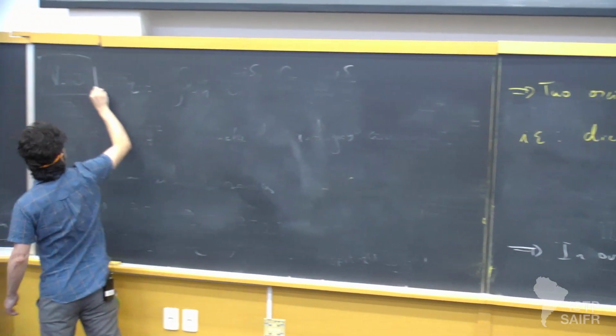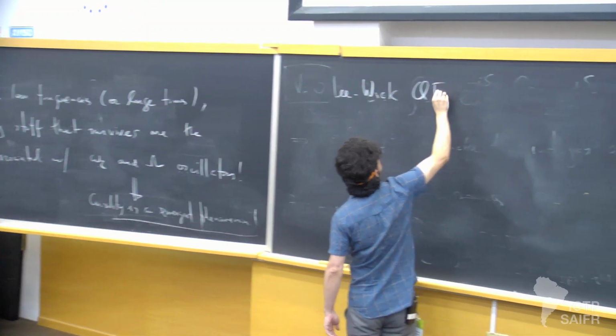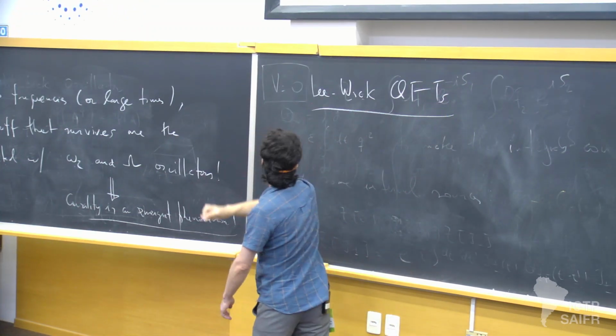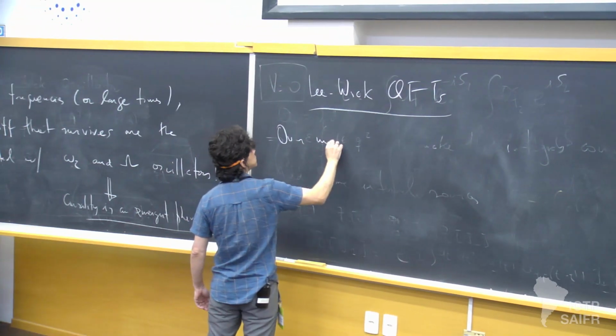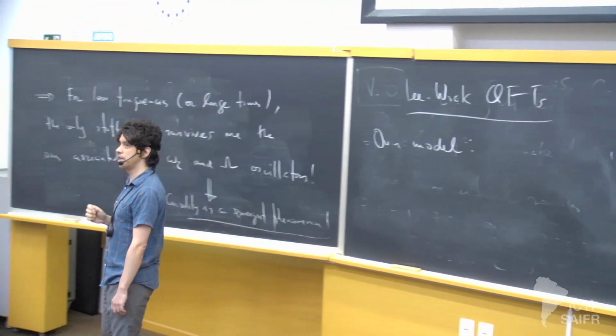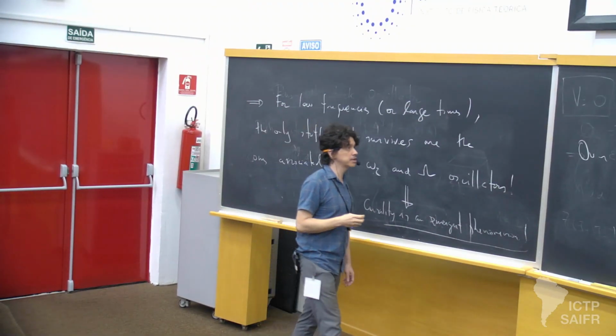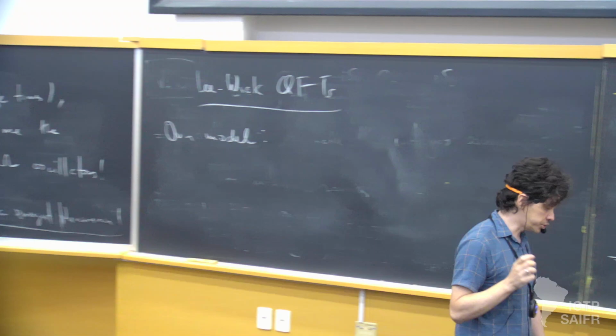So let's study Lee-Wick quantum field theories. At the end of the class, if time permits, I'm going to touch a little bit on renormalization within Lee-Wick quantum field theories, and then I will change our model a little bit.